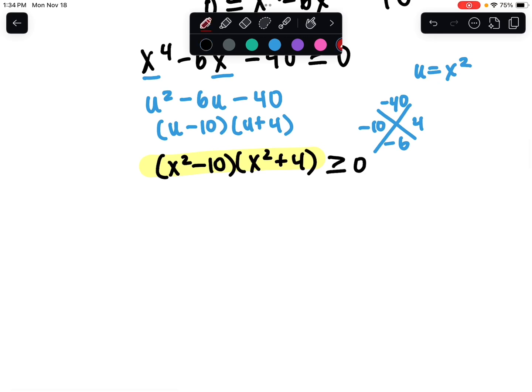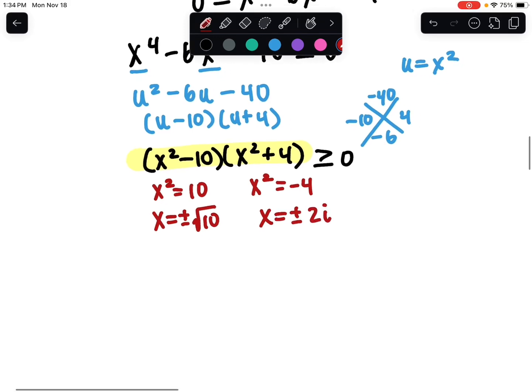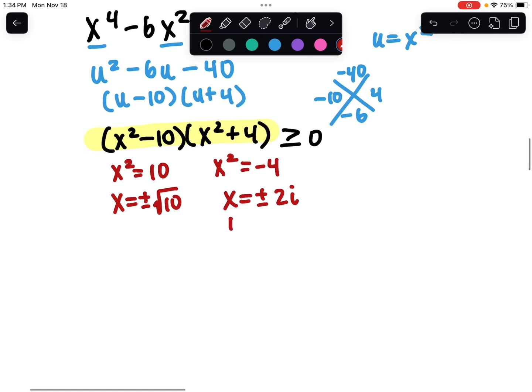And so to solve for our x-intercepts, we can use our square root property. X squared would equal positive 10, and so then x would equal positive negative square root of 10. Over here, x squared would equal negative 4, and so x would equal positive negative 2i. And so these are imaginary, so these are not going to show up on our x-axis.